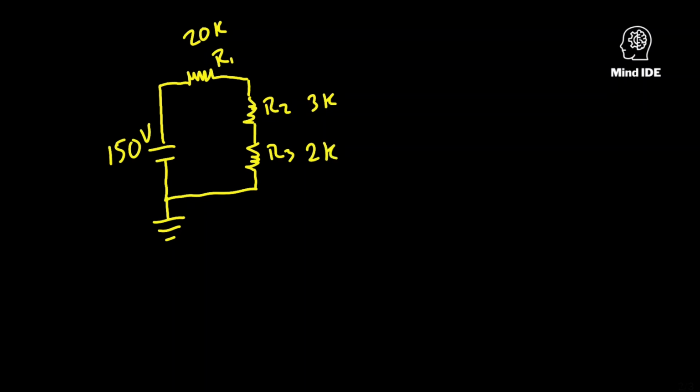So we already looked at finding the voltage drop across a resistor using the equivalent resistance. There's actually another way. It's called the voltage divider rule. Now, it's nothing special.